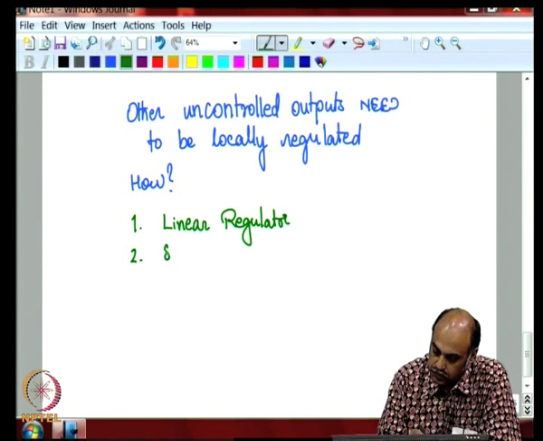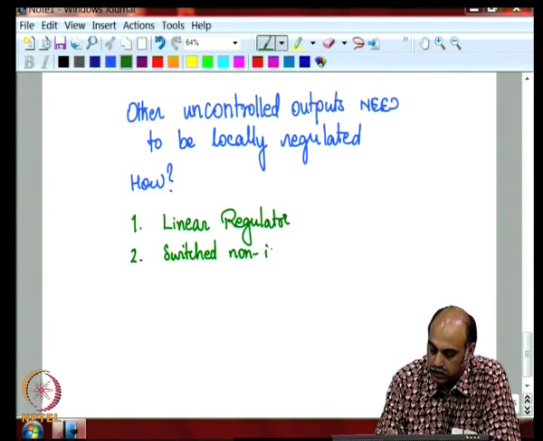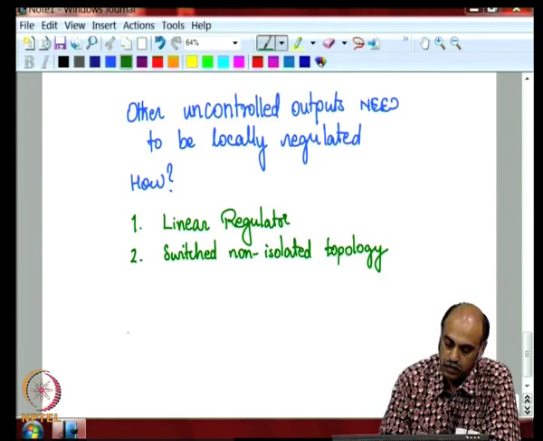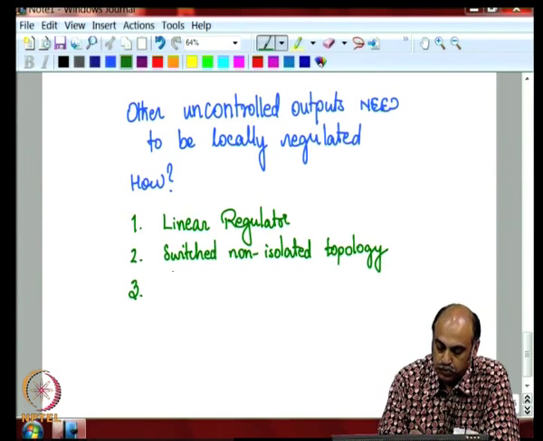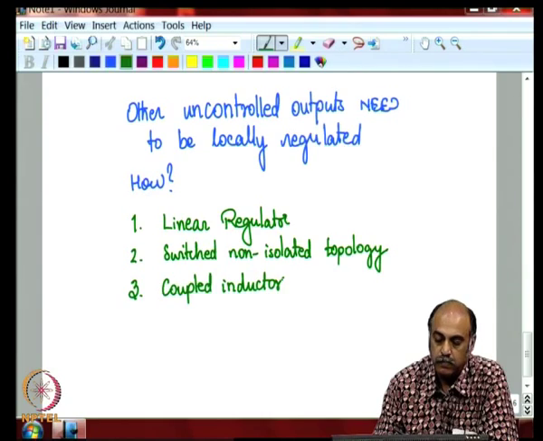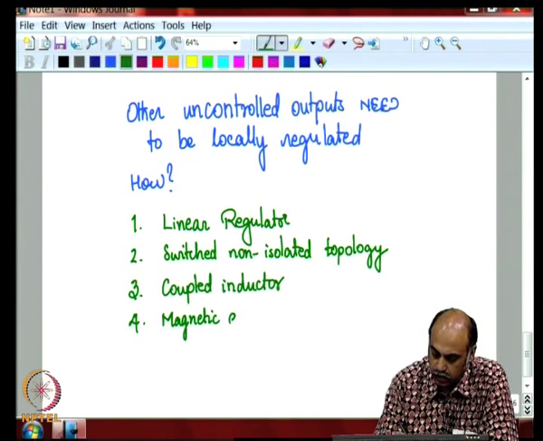Using a switched non-isolated topology, you could use the coupled inductor method, there is the magnetic amplifier method.